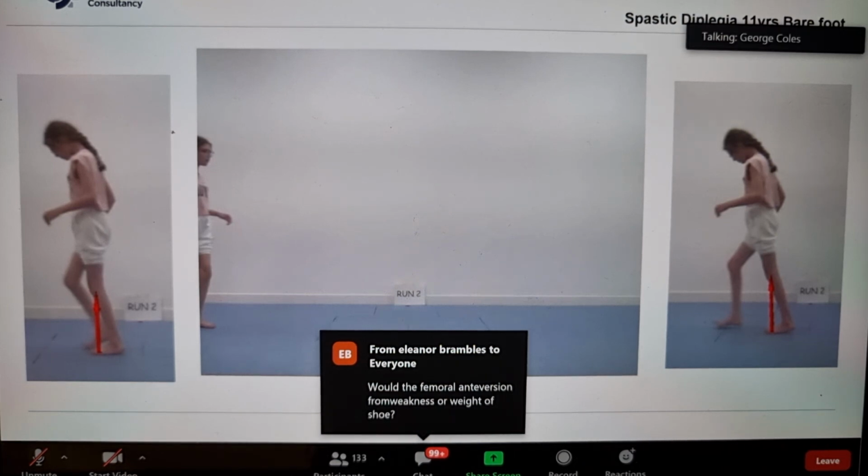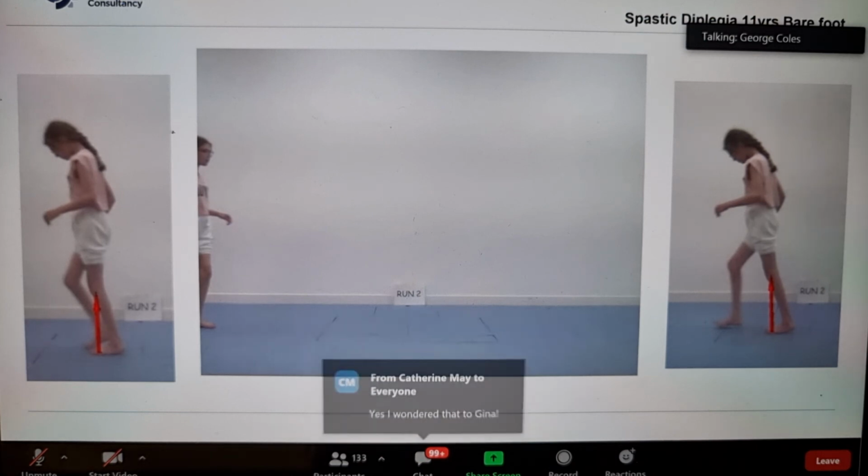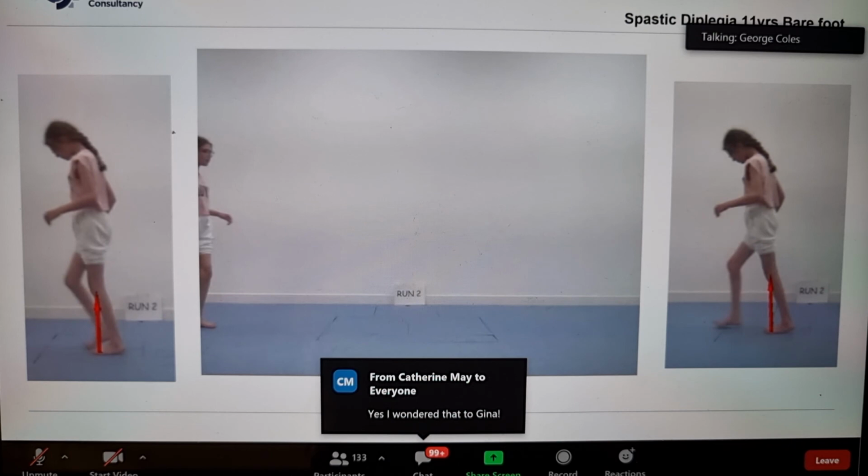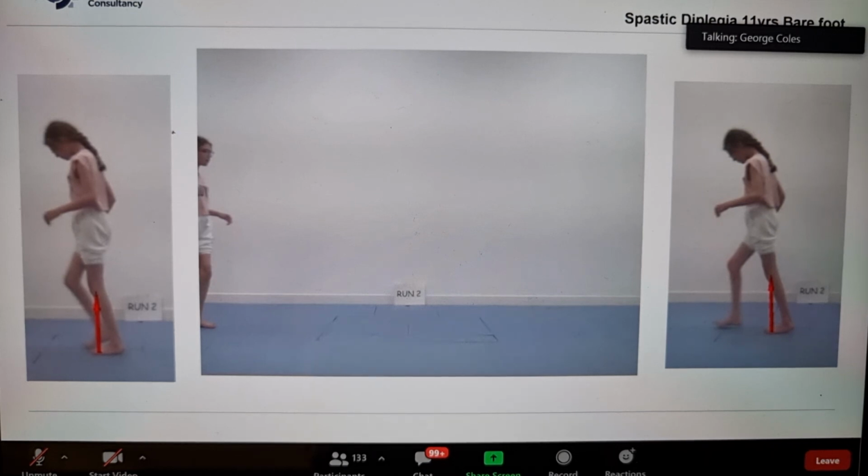You get a straight foot posture, but if you check all the bones, the femoral anteversion compared to the tibial torsion compared to the foot position, you'll find that the leg is internally rotated, and the foot position is what brings the foot more centrally. I haven't got a coronal video of her at that stage, but you'll see that your patient's knees are still internally rotated, even though their feet are straight.